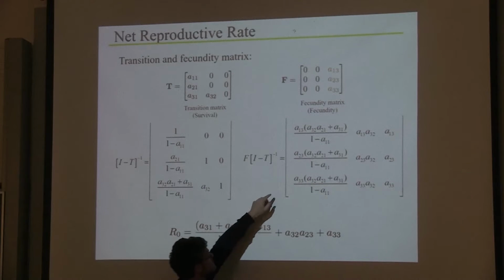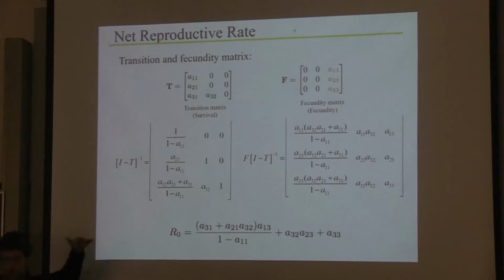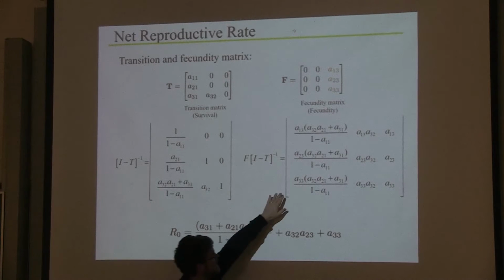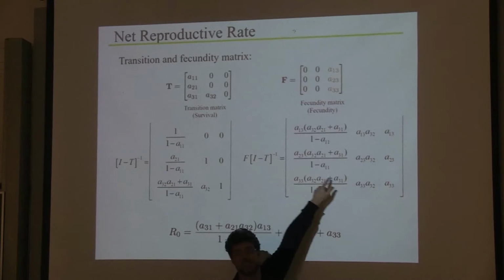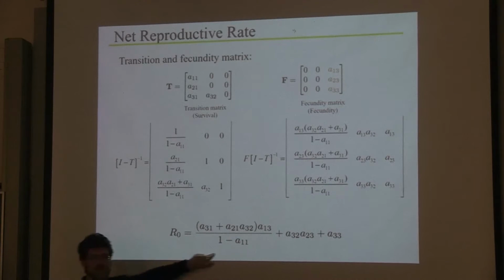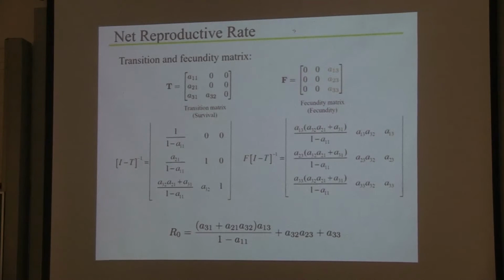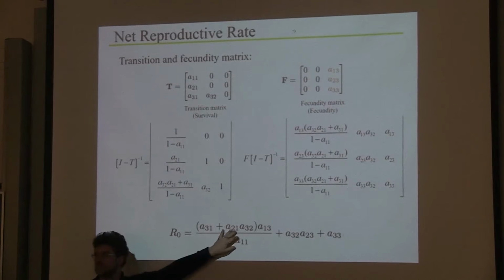And so every row is actually identical to the next row. And so it just has a single non-zero eigenvalue. And that eigenvalue is given by the trace of the matrix. This is what it is here. So now for this problem, we can actually write down R naught in terms of the parameters.